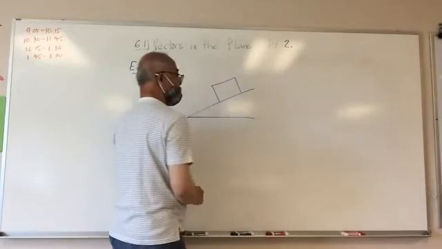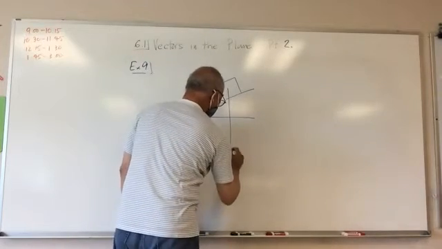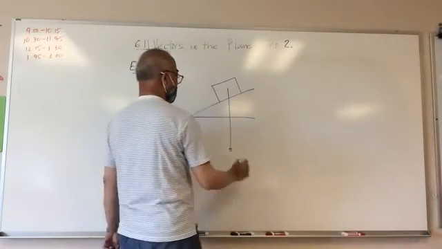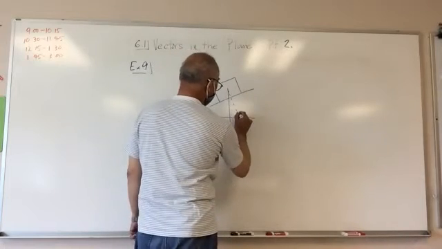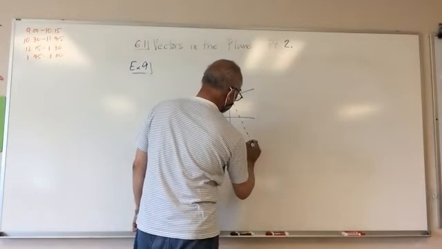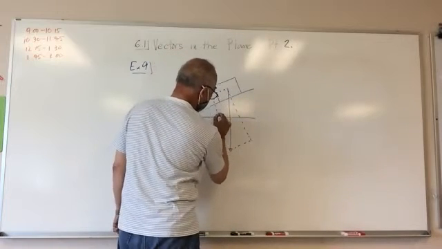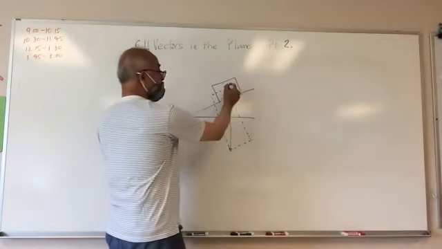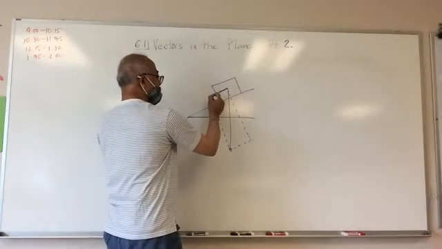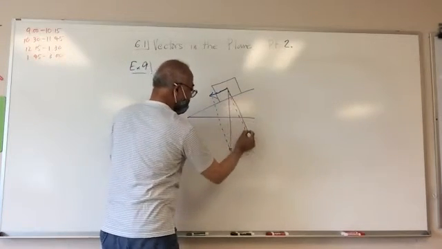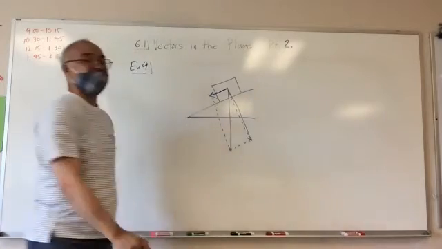I have a box here with a weight vector here. If I decompose this vector into 2, so this one vector can be decomposed to this guy plus this guy. Does that make sense? Can you see that?